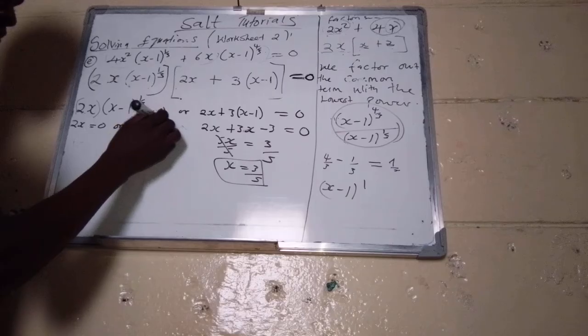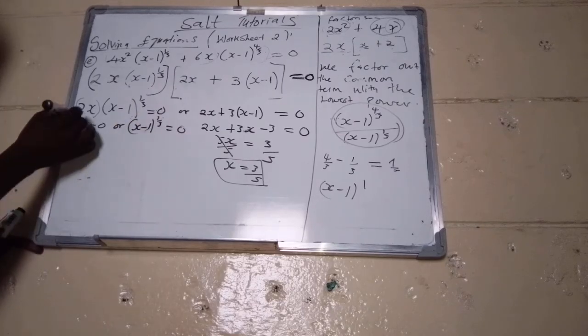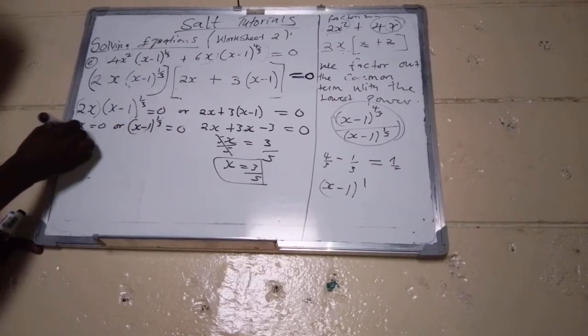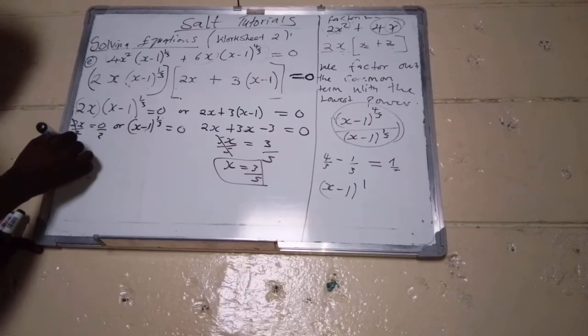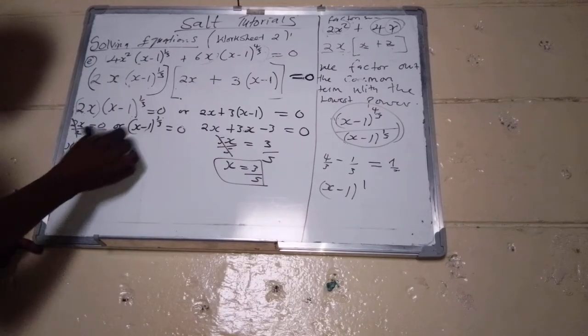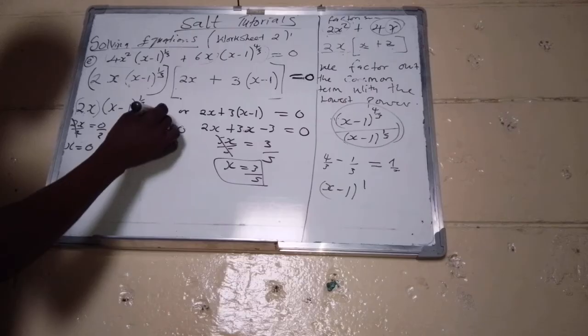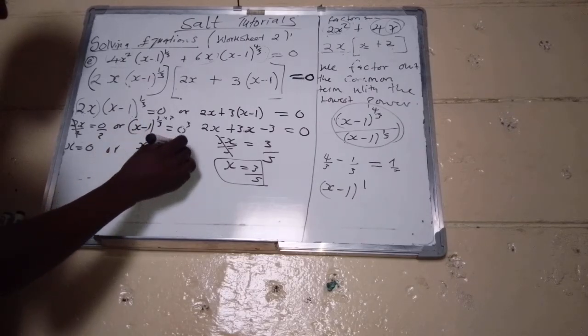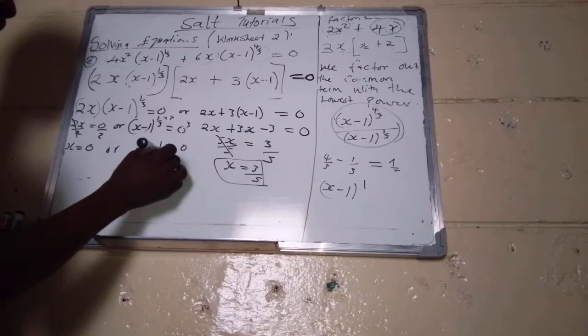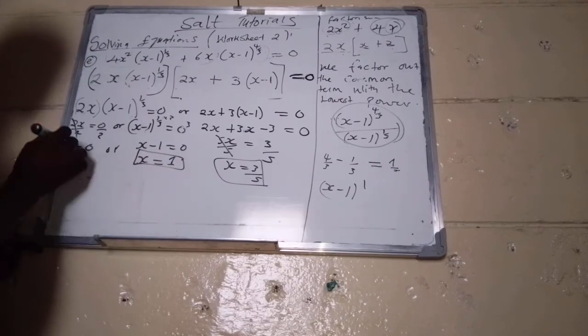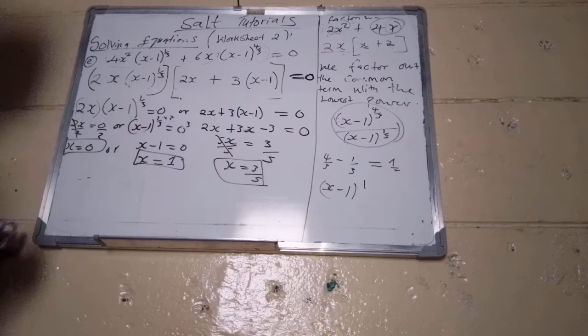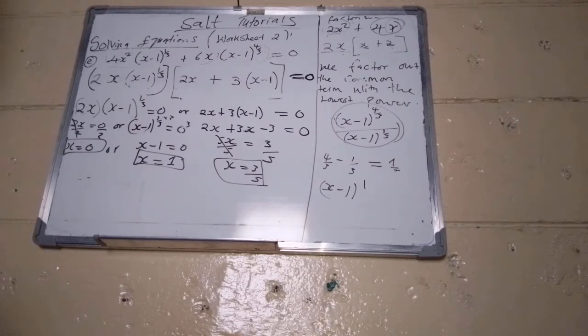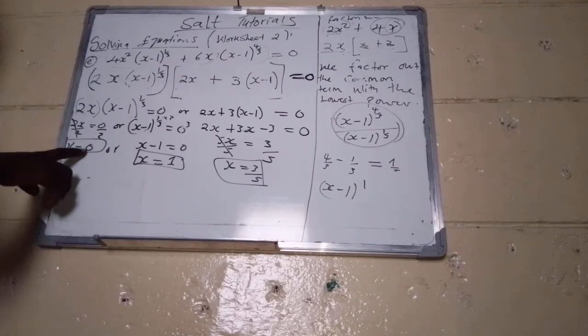So in this case, we are going to use x to be equal to 0. Or in this case, we're going to use power 3, so that x minus 1 can be equal to 0 and x is equal to 1. So that we can have 3 values of x for this question: x equal to 0, x equal to 1, and x equal to 3 over 5.